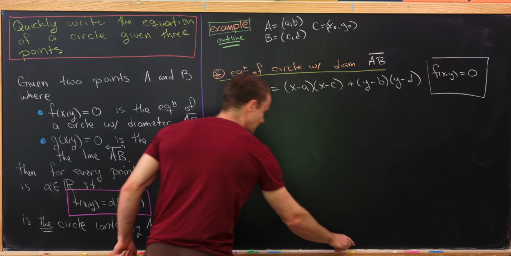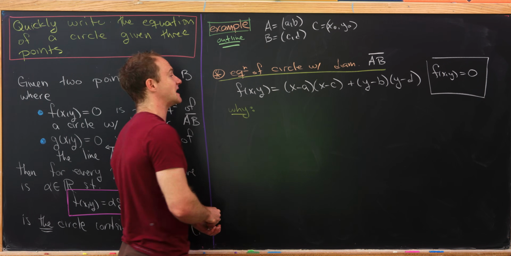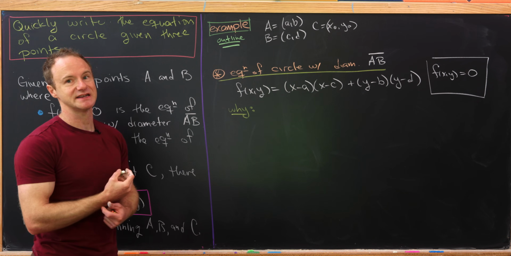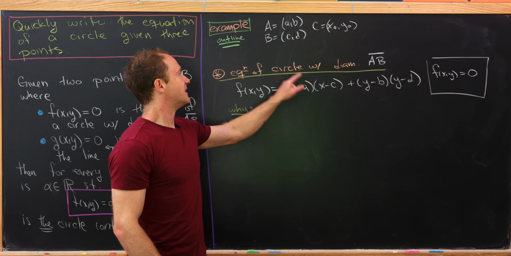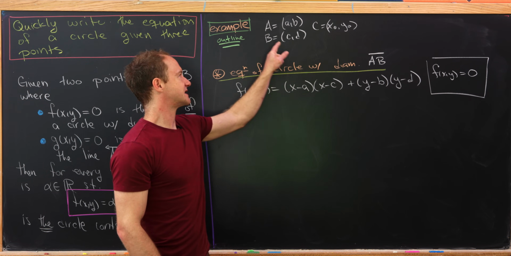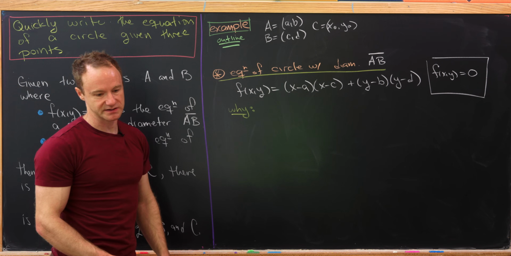And so let's maybe see why that works, because that wasn't really super clear to me why that should work, although it's got some nice structure. Notice that we're doing x minus the x part of one of our points, x minus the x part of another point, and then we're summing that with y minus those points.